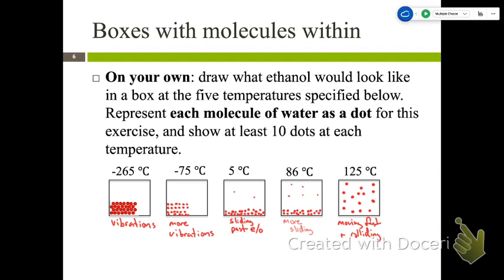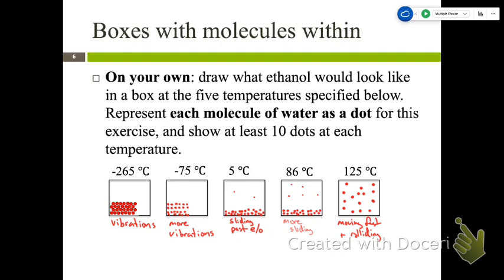So let's think about our sample at 5 degrees Celsius. Is there movement? There's movement. All the molecules are moving past each other. Are they all going exactly the same speed? The molecules at 5 degrees are moving slower on average than the molecules at 86 degrees Celsius. But it's on average. So those molecules are moving at a big variety of different speeds.